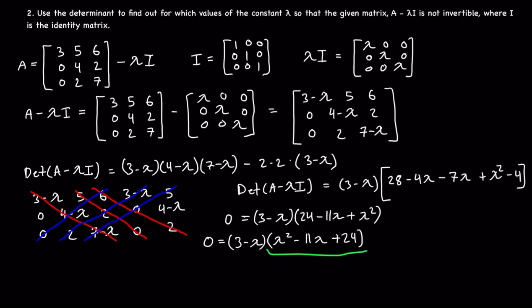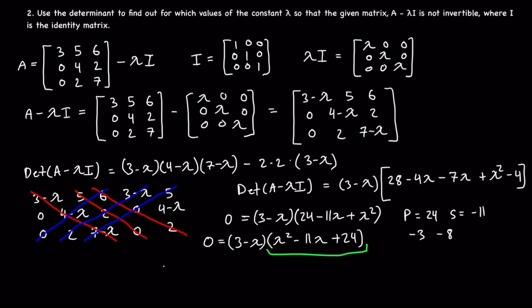And we can factor this quadratic equation. Our product is 24 and our sum is negative 11. So what two numbers have a sum of negative 11 but a product of 24? We know it's negative 3 and negative 8.